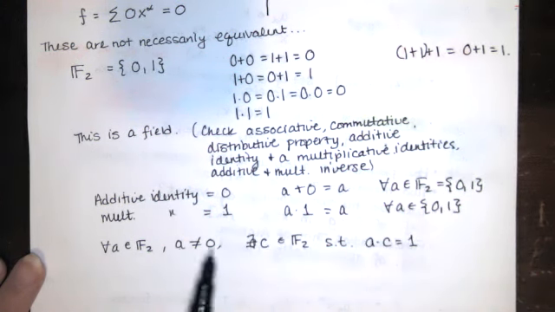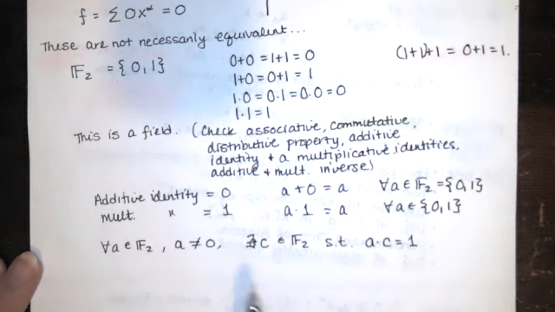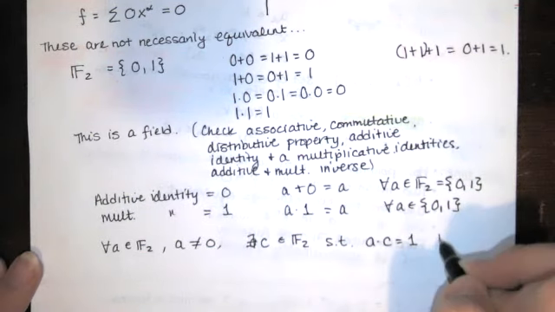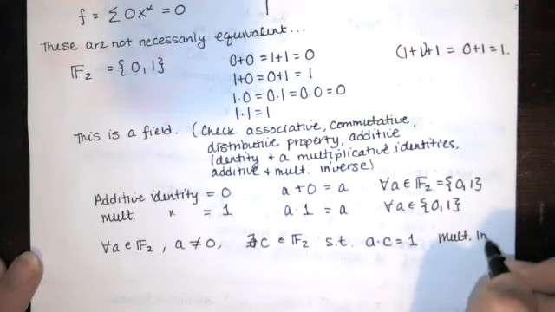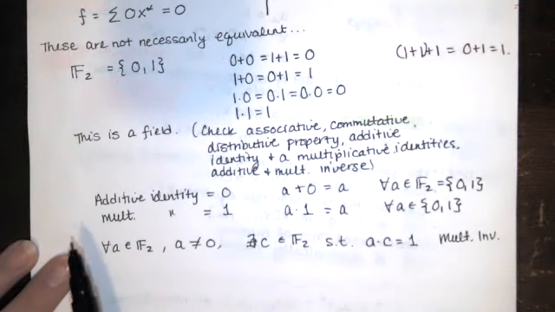Since we're restricting A to not be 0, and this set only has 2 numbers, 0 and 1 in it, well, then we can assume that A is equal to 1, and of course 1 times 1 is 1. So this is the multiplicative inverse. That's how we prove that. So this is a field. If you want, you can check out all of the others as well.